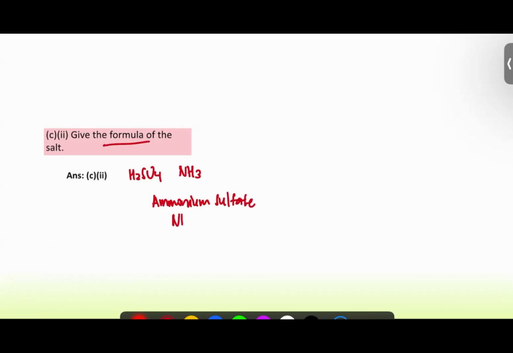So ammonium is NH4+, sulfate is SO4 2-. We will get (NH4)2SO4. That's the formula. Yep, correct. Next.